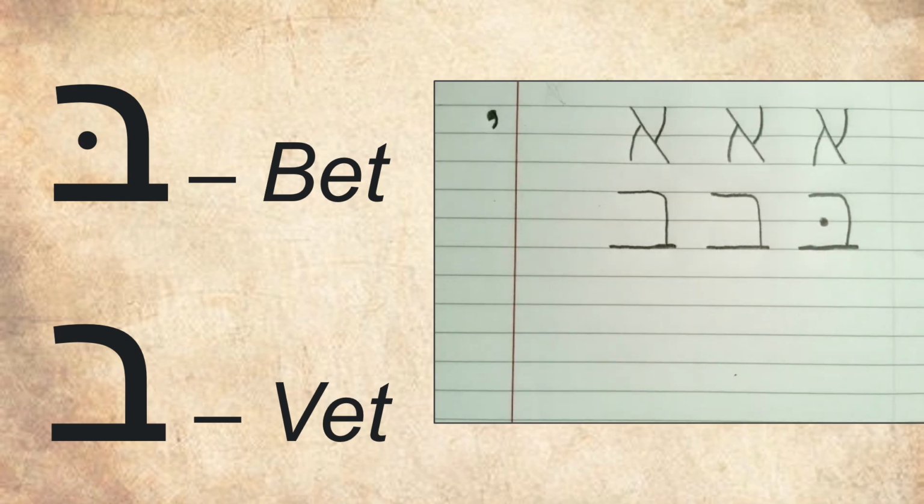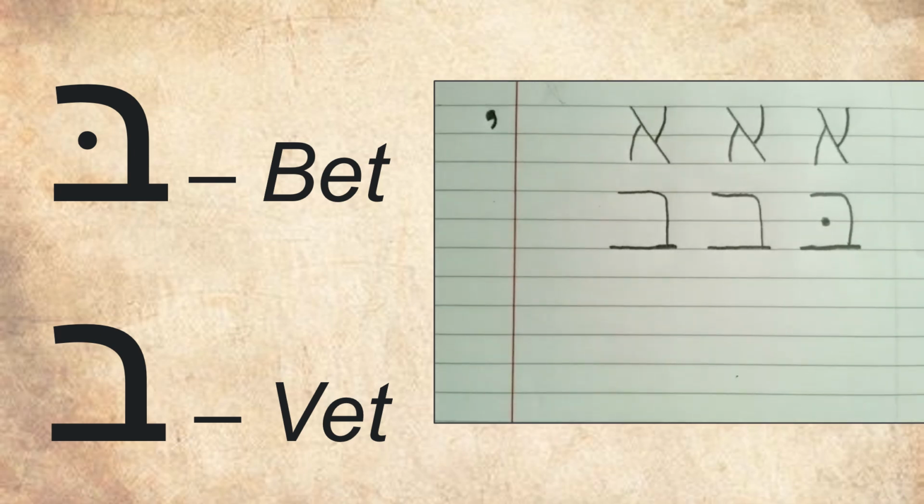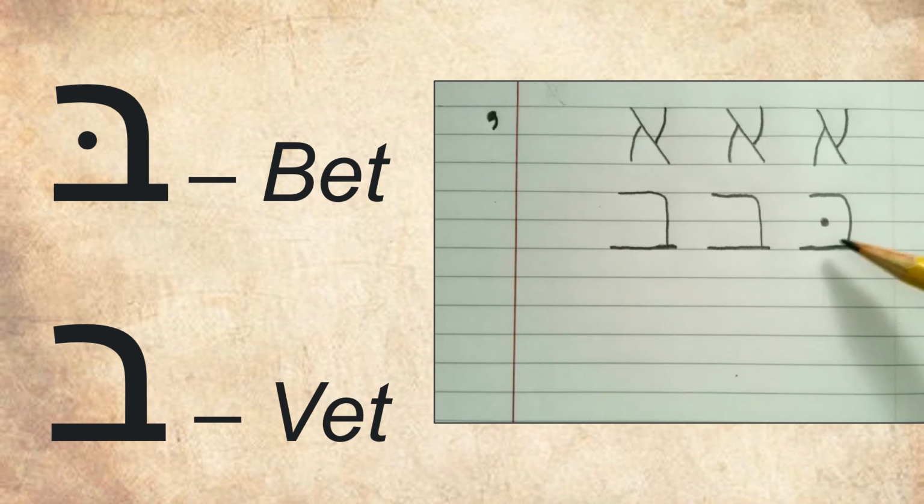So its first name is Bet, but it also has a second name depending on the presence of the dot. So when it doesn't have a dot, it is called Vet, as you see on the screen. Now, once again, what is the difference? When the dagesh, the dot, is present, it is called Bet, making a bilabial b sound, as in basketball.